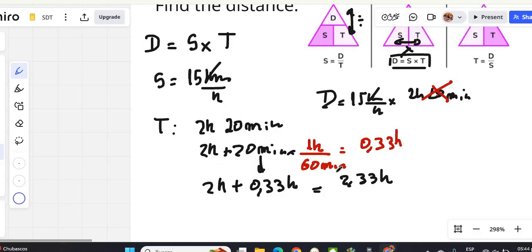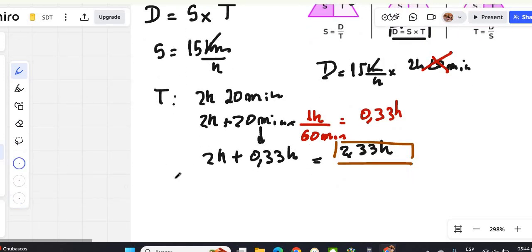And now you can use this time. Sorry, let's change the color. This is the time that you can use to multiply with the speed. So distance equals the speed, 15 kilometers per hour, multiplied by 2.33 hours. In this case, remember that you simplify the units because you have 1 hour in the numerator and 1 hour in the denominator. You can simplify them, okay? And then you have the value in kilometers.